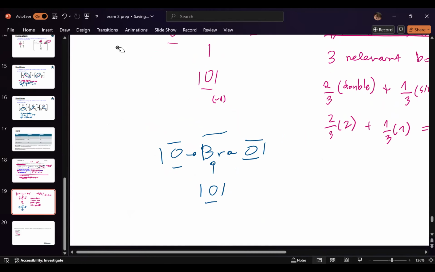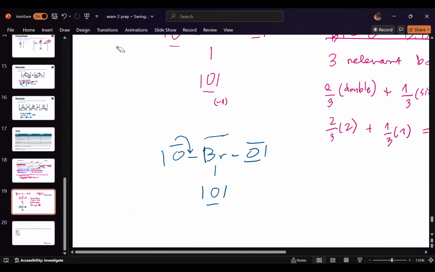You stay with the electrons that you have in your structure, but you change them. So you have these lone pairs that can sort of form a pi bond between bromine and oxygen. So I'm gonna get rid of this lone pair, and you're gonna have a new bond here, between the oxygen and bromine.